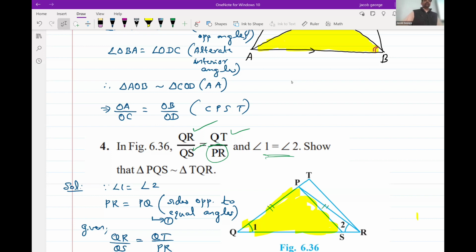Show that triangle PQS is similar to triangle TQR.